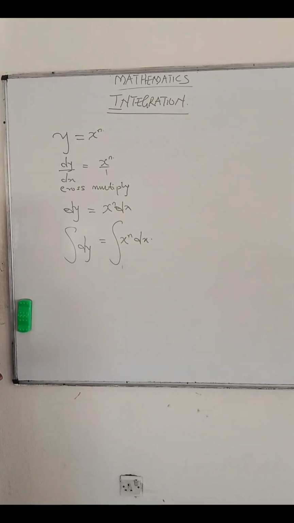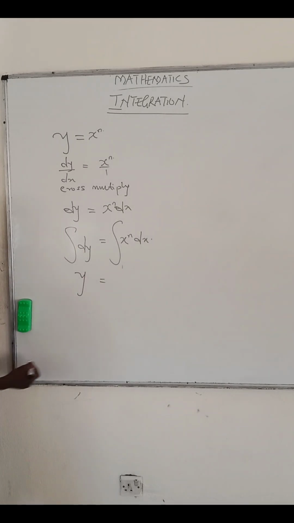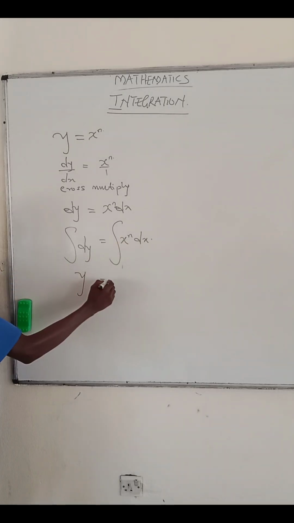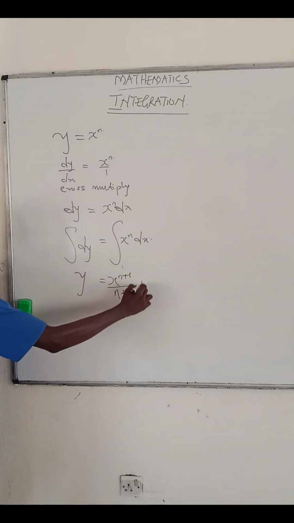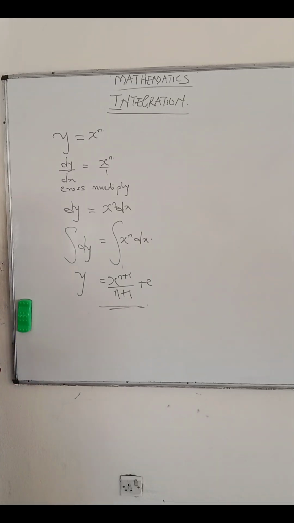Now, take note. Whenever you integrate, if you integrate the y, you are going to have y, which is going to be equal to, if you integrate x raised to power n dx, you are going to have x raised to power n plus 1 over n plus 1 plus c. So that is the idea of integration.